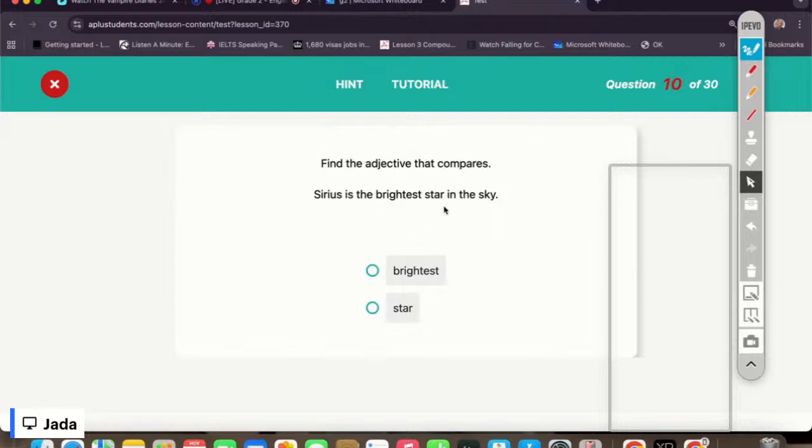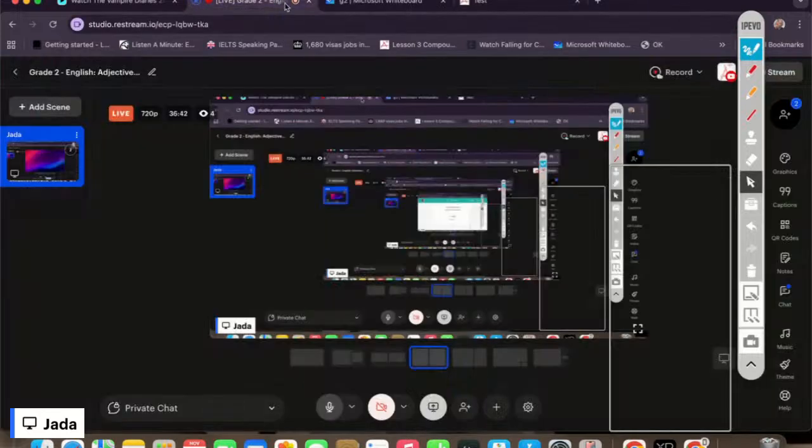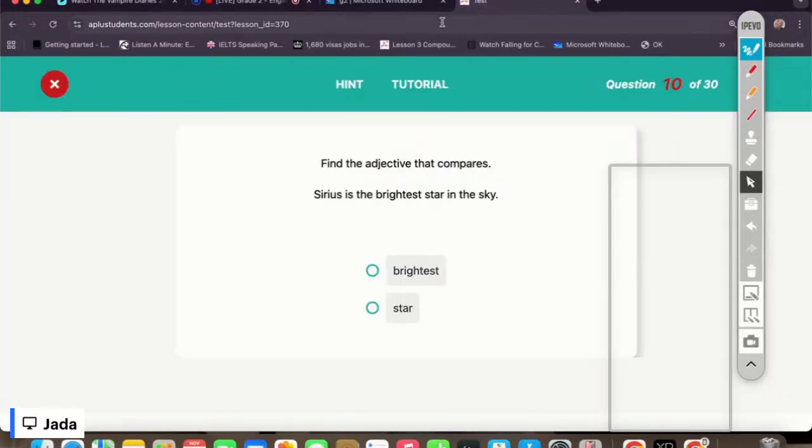Then Sirius is the brightest star in the sky. Brightest or star?